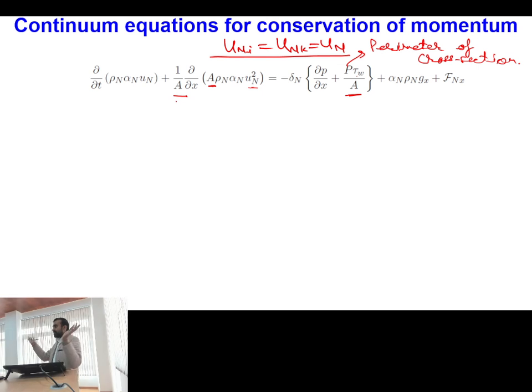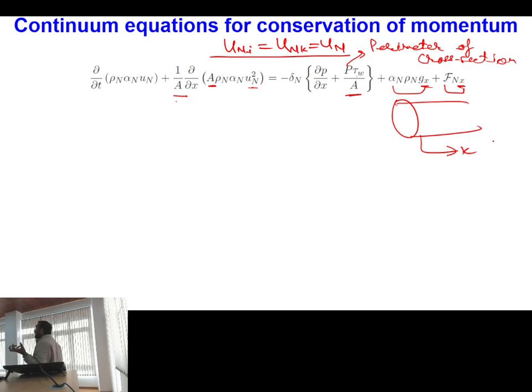Whatever your cross section is, the perimeter of that particular cross section is P times tau w by A. So this is the force because of the shear stress, and then you have this body force term, and then you have this interaction force term. Whenever I write this interaction force term and body force, I am specifically using x, meaning x is the direction along the length of the channel. Okay, so this is the area averaged momentum equation for the dispersed phase or any individual phase.